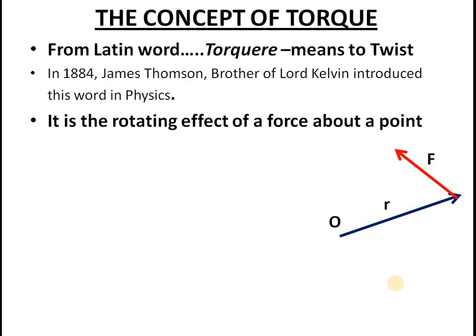If a force alone is acting on a body, it can produce some sort of linear motion. But if a body is experiencing a torque, qualitatively you can say that can produce a turning effect or a rotating effect on a body. Any force that can produce a rotating effect, we can call a torque. So it means that all forces are not torque.